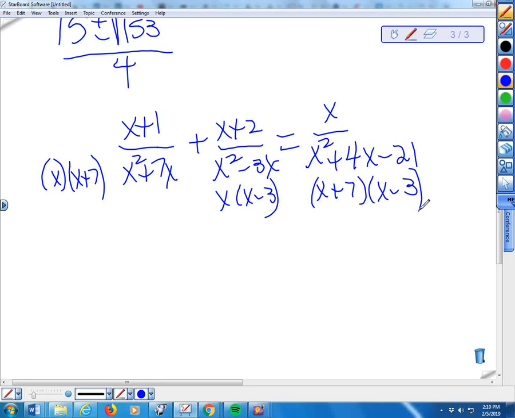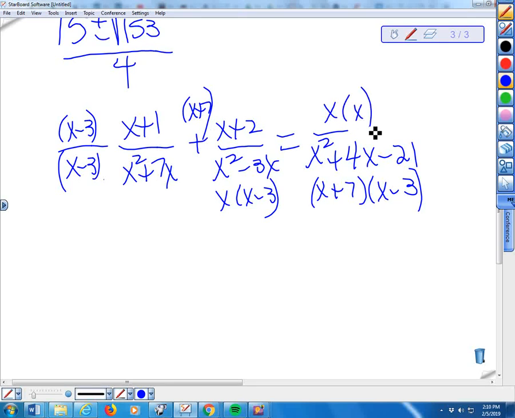So this is missing an x minus 3. This is missing an x plus 7. And this is missing an x. And it's x plus 7 over x plus 7, x over x, but that'll give me my numerator, right?